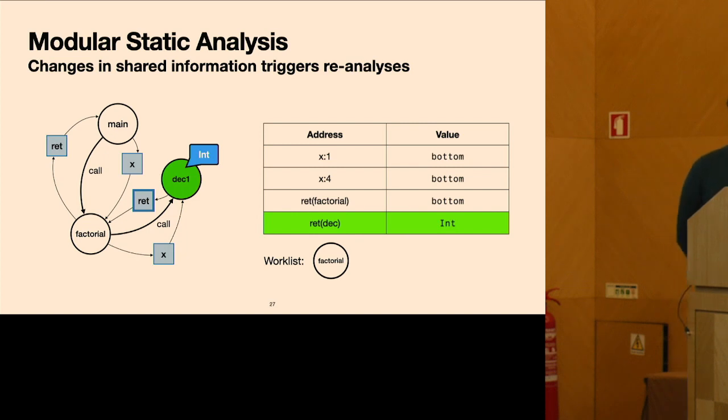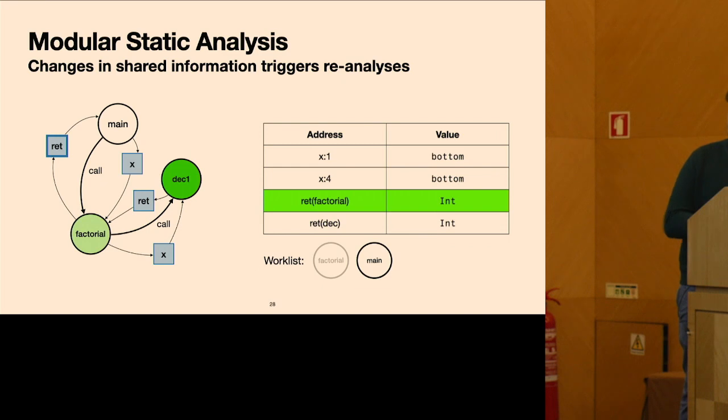To do this, we keep track of a work list to remember what we have to do next. Then we go to the factorial function, which again has a value that the main function depends on, and then our story continues with a new iteration of the analysis, and we go to main, and this is where it stops because main doesn't have any values that could flow back to factorial or decrement.